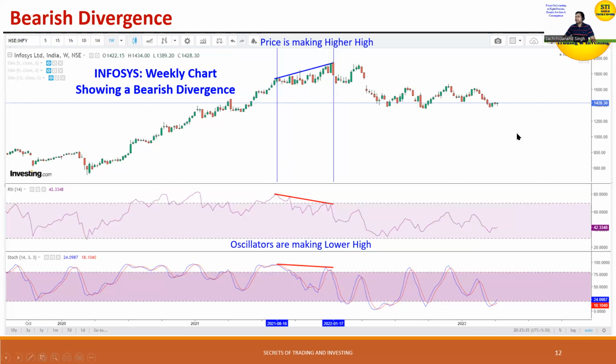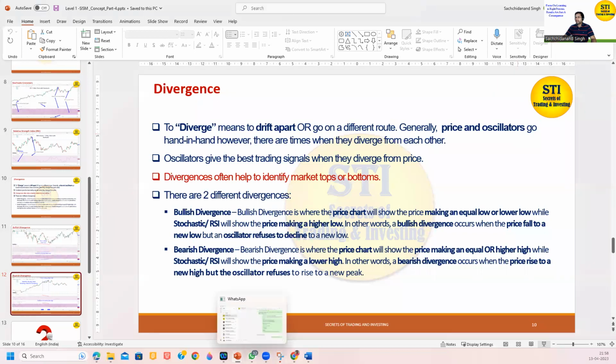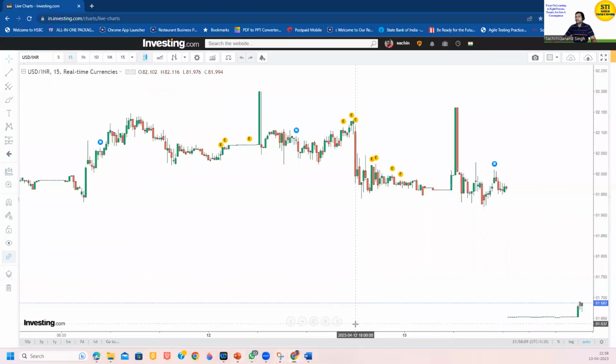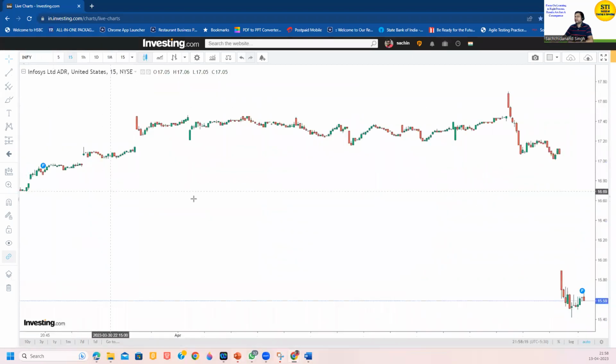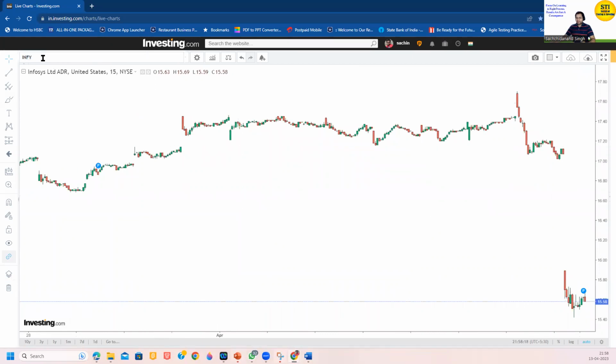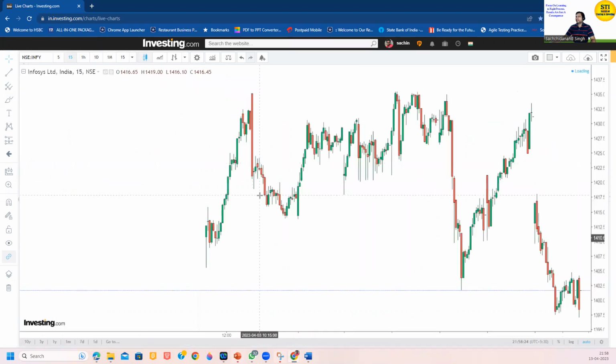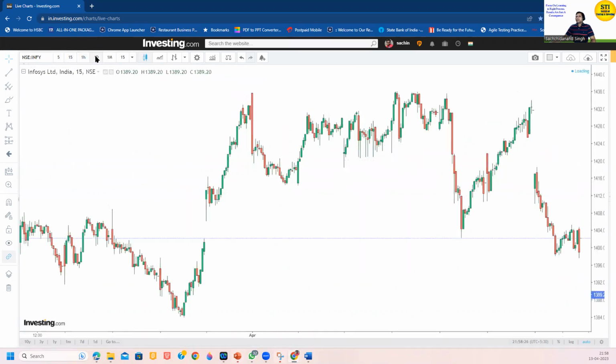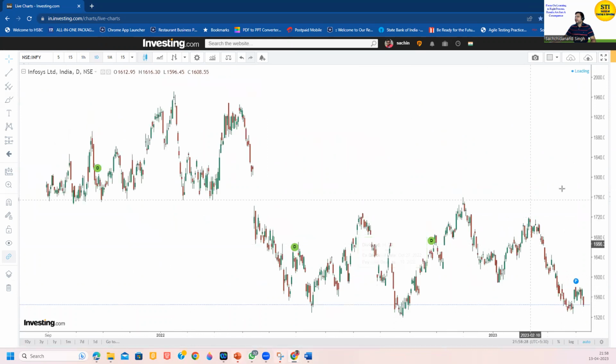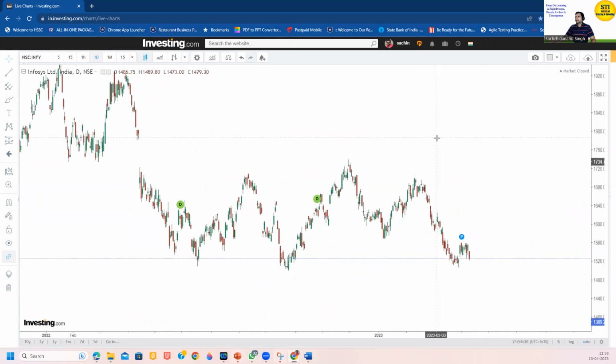Okay, so maybe I'll spend a few minutes looking at the chart. I have personally not looked at the Infosys chart today. Infosys Limited NSE. I am putting it on the daily chart.